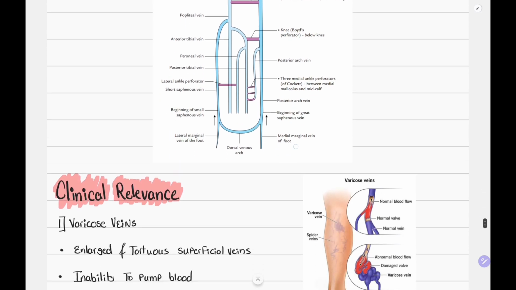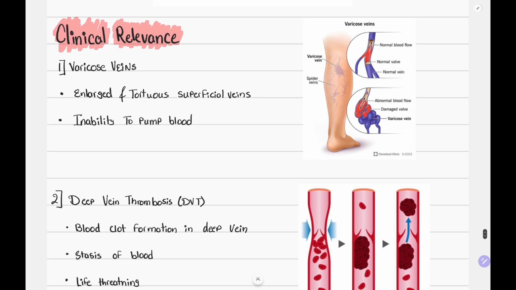Now coming to the clinical relevance of the venous drainage of the lower limb. Firstly, varicose veins. These are enlarged and tortuous superficial veins, due to the inability of the veins to pump blood effectively back to the heart.